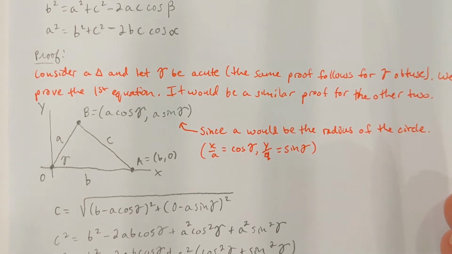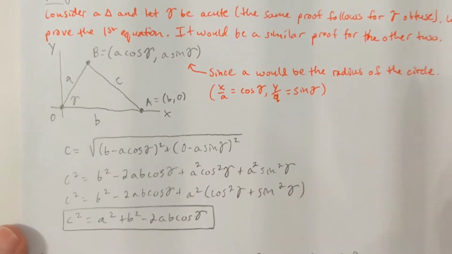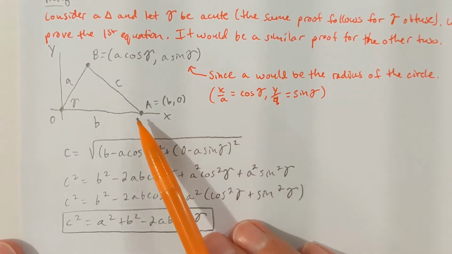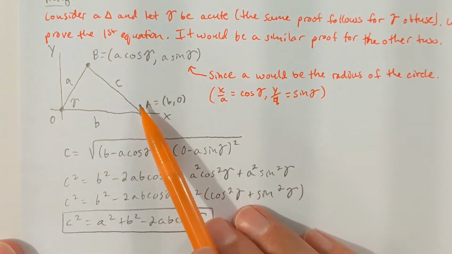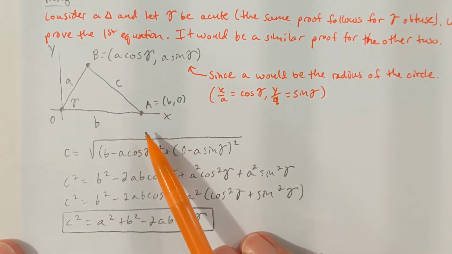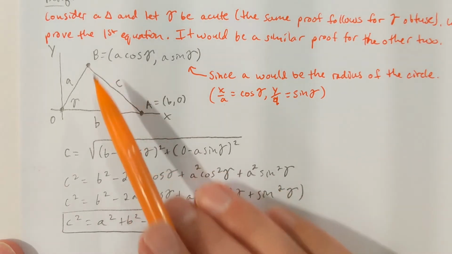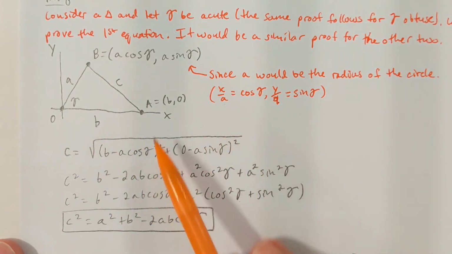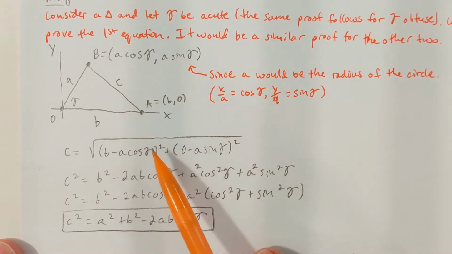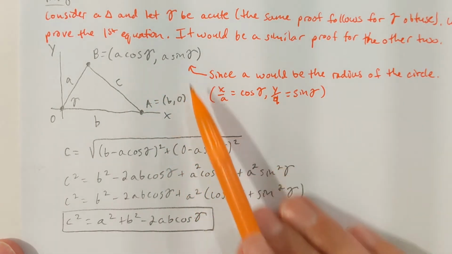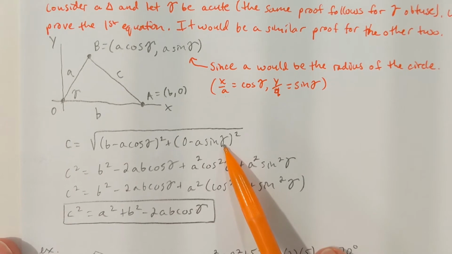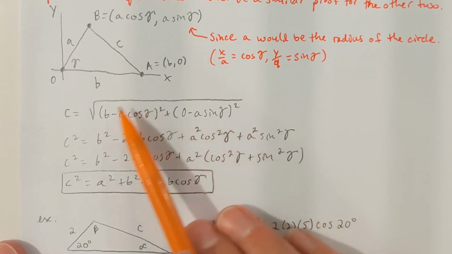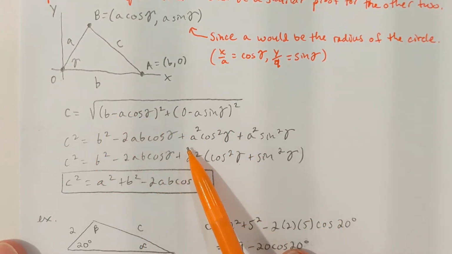Okay. Now, in this picture, if we look at side C and calculate the distance between points A and B using the distance formula, I've already got that set up. We want the square root of the difference in the x's squared plus the difference in the y's squared. I'll square both sides to get rid of the radical.